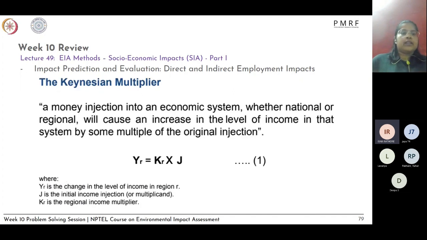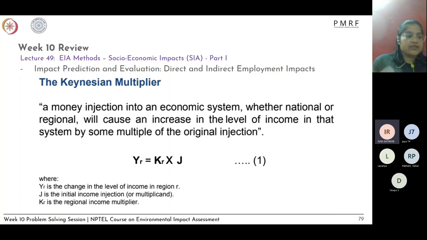And then we have the Keynesian multiplier, which is a money injection into an economic system where the national or regional will cause an increase in the level of income in that system by some multiple of the original injection. So it's basically considering the new development as a money injection or an activity which is going to bring in money. So you basically multiply. So KR is the regional income multiplier, whereas J is the initial income injection or the multiplicand.